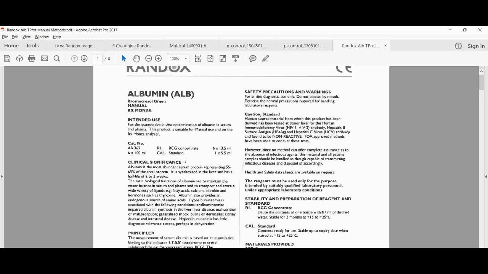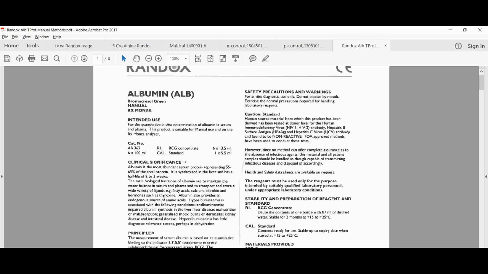Then a note of caution when you work with the standard. What they say is that the standard is human source material from which this product has been derived, and it has been tested for various diseases such as HIV. It has been tested for hepatitis B antigens and for hepatitis C virus as well.